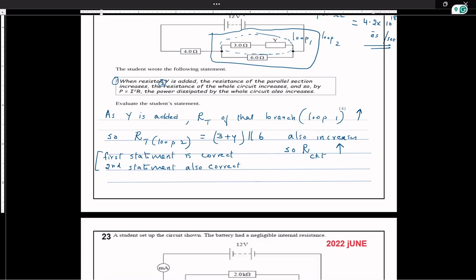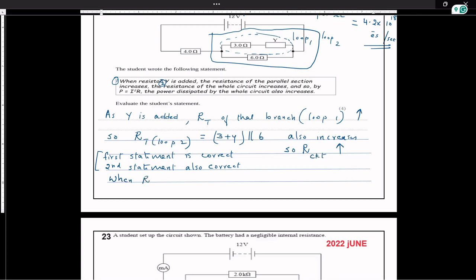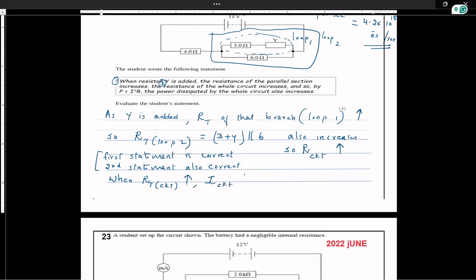Now when the total resistance increases, that means R circuit increases, what we are getting is I of the circuit decreases.